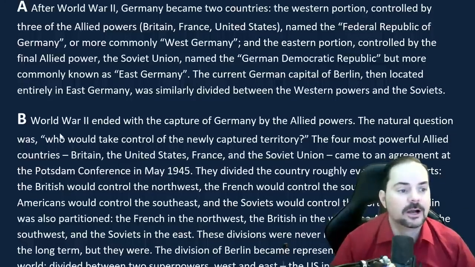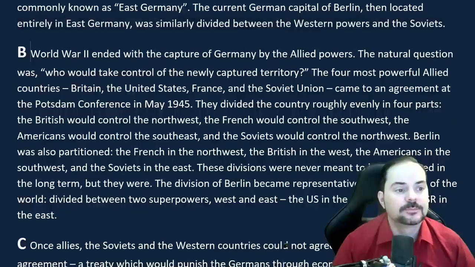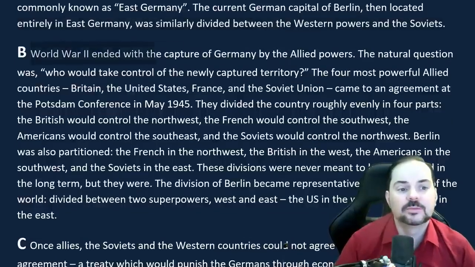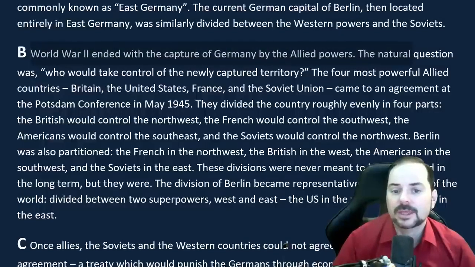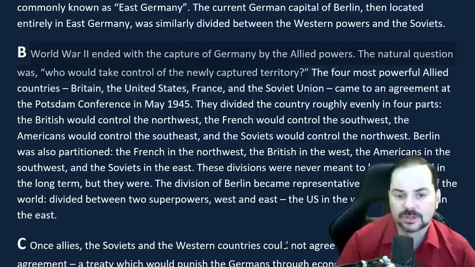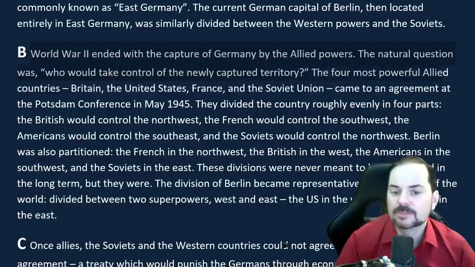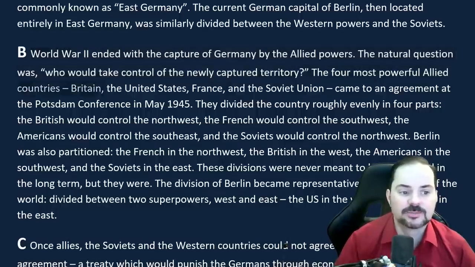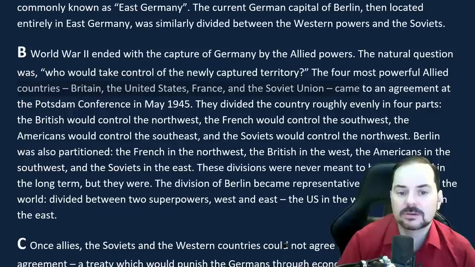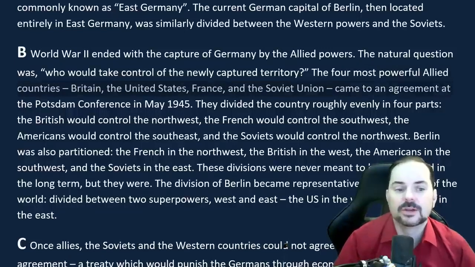All right. Paragraph B. World War II ended with the capture of Germany by the Allied powers. The natural question was, who would take control of the newly captured territory? The four most powerful Allied countries, Britain, the United States, France, and the Soviet Union, came to an agreement at the Potsdam Conference in May 1945.